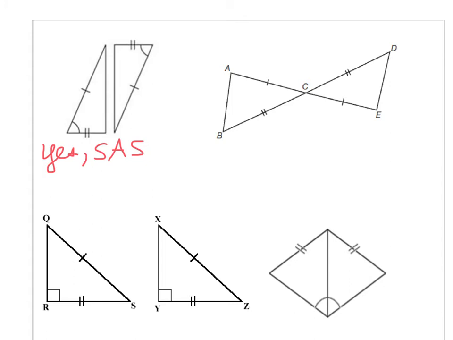So something that you may have noticed here is that we have vertical angles right here. And we already know that vertical angles are congruent. So we get to add our own marks to this picture to show that the vertical angles are congruent. And now hopefully you see we have side angle side. So if you have a very compelling reason to add a mark to your picture, such as vertical angles, go ahead and do that and then see if you have a postulate.